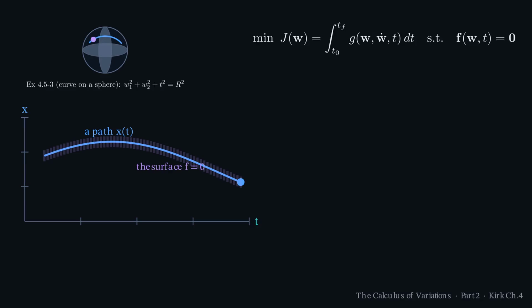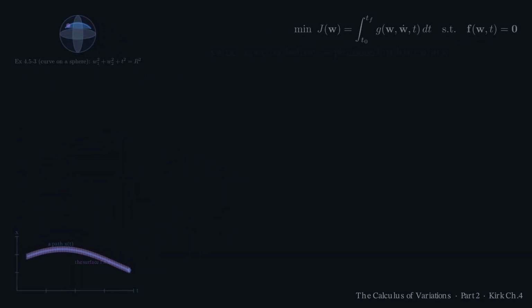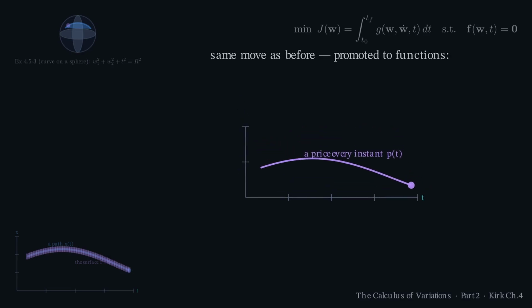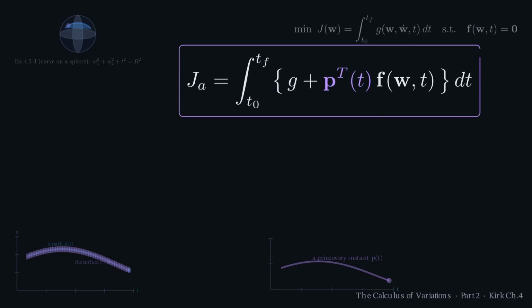The move is the same, just promoted to functions. Let the multiplier become a function of time, p of t, so it can enforce the constraint moment by moment. Form the augmented functional, the integral of g plus p transpose times f, and define the augmented integrand g minus a as g plus p transpose f.